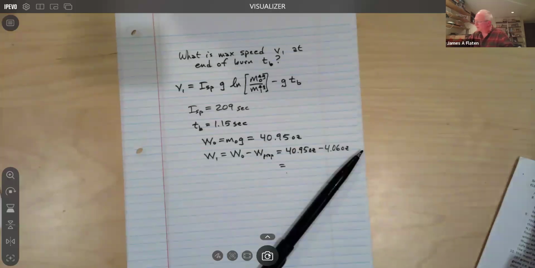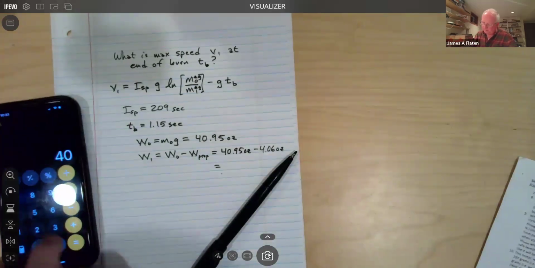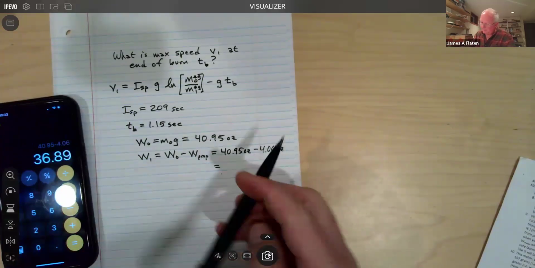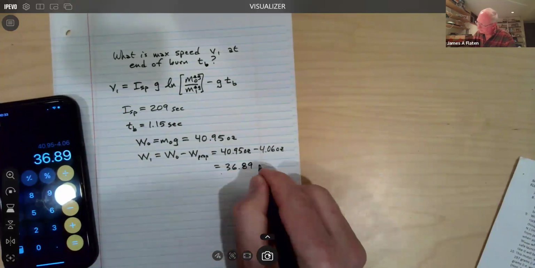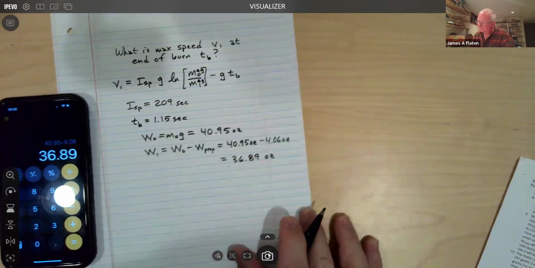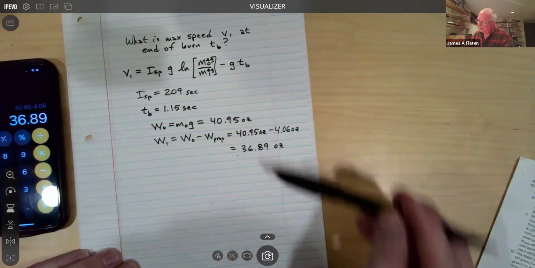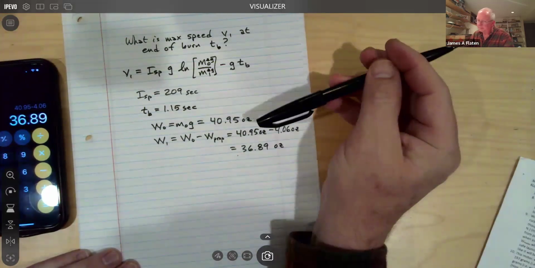Now I'm essentially doing an execute. In other words, I'm working with numbers here. So let's see, 40.95 minus 4.06 is 36.89 ounces. I think I'm ready to do the calculation. I have a value to go in the numerator and the denominator here, and I'm going to take the natural log of that.